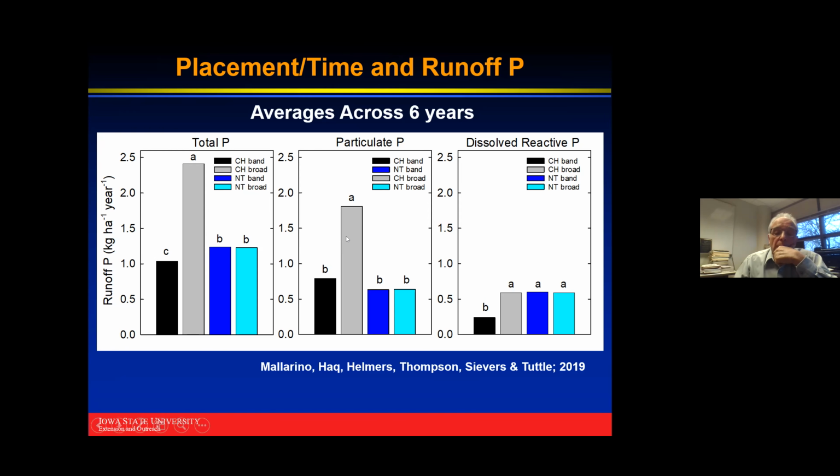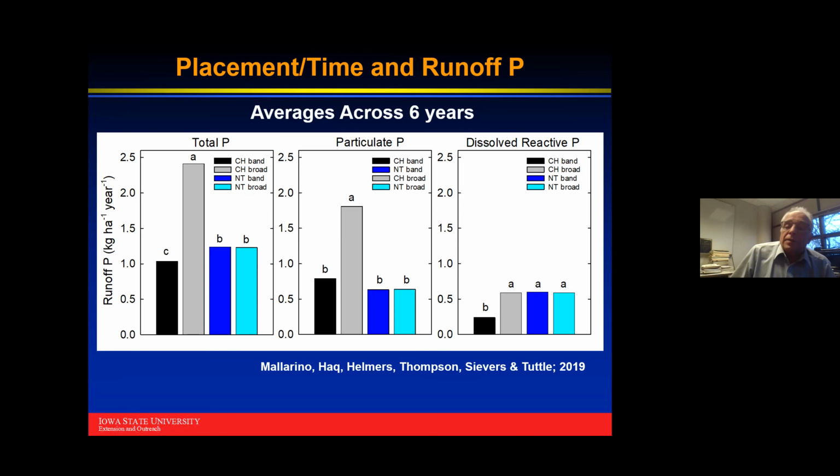Here we have the particulate P, the same thing. And then for the dissolved reactive P loss, the only difference was the chisel band, when the banding was done each year with tillage, and there was no difference between the other 3 treatments.